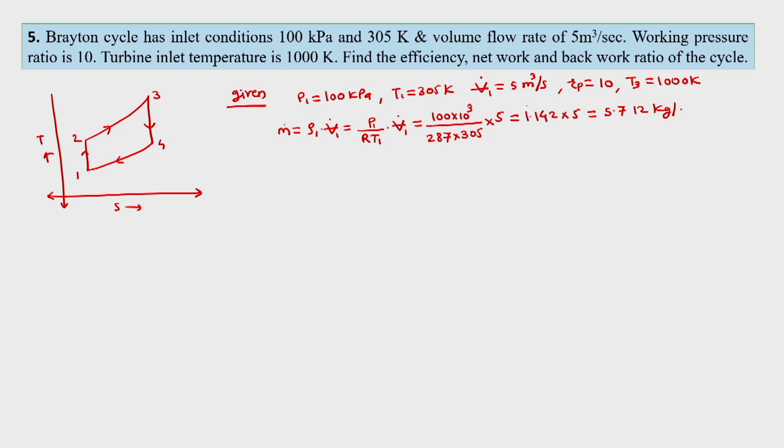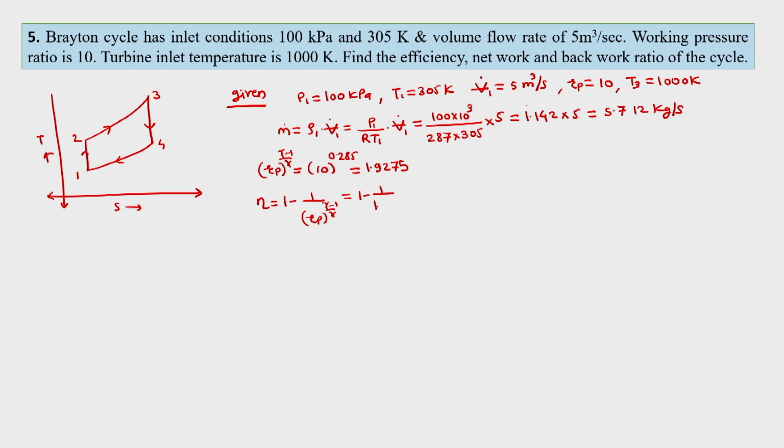So we get mass flow rate as 5.712 kg per second. The most required thing is Rp raised to (gamma minus 1) upon gamma. So it is equal to 10 raised to 0.285, and it is 1.9275. Thus the efficiency formula becomes very simple: 1 minus 1 upon Rp raised to (gamma minus 1) upon gamma.